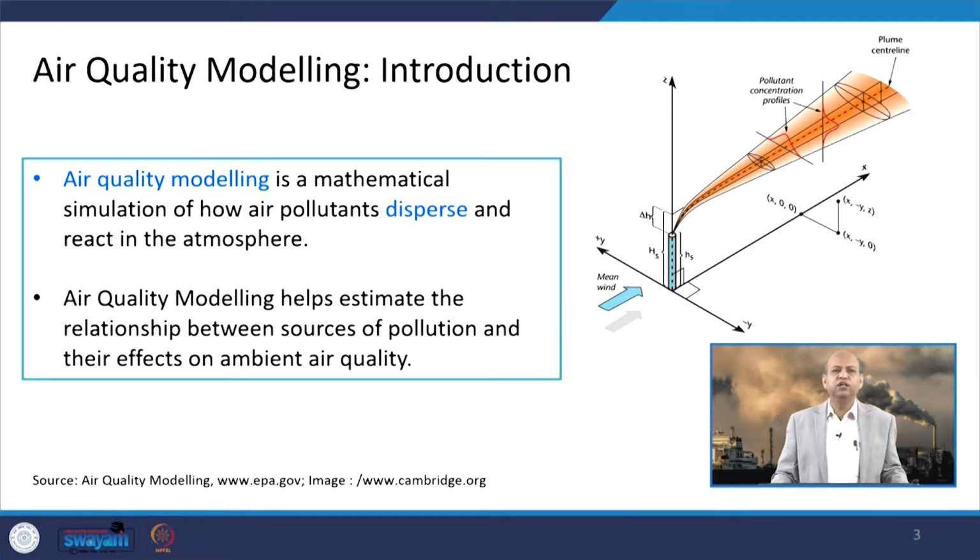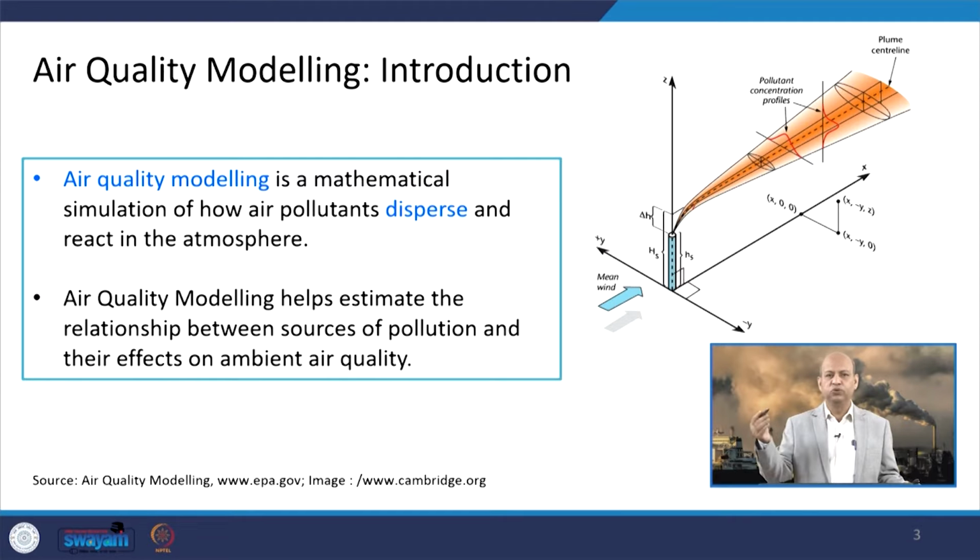Air quality modeling also helps us in estimating the relationship between the sources of pollution and their effects on ambient air quality, or the receptor, on the environment, on human health, all those kinds of things. You can see here that from the stack some plume is coming out and it is dispersing in the x direction, y direction, z direction, and the pollution is being diluted.